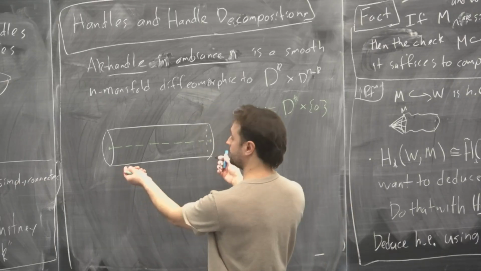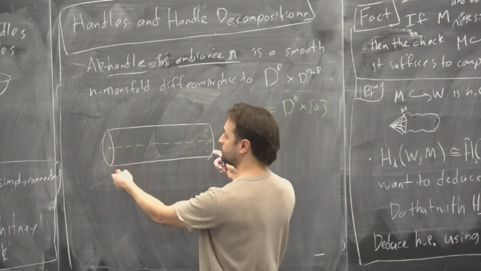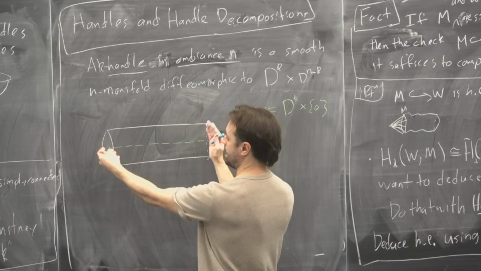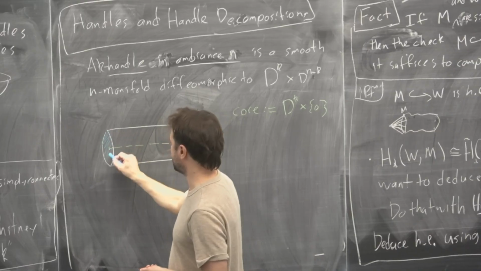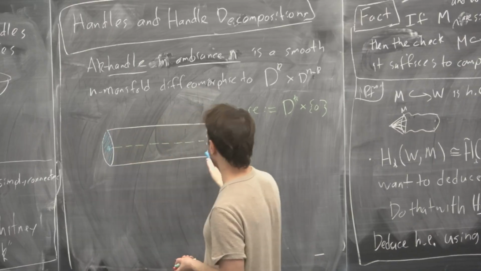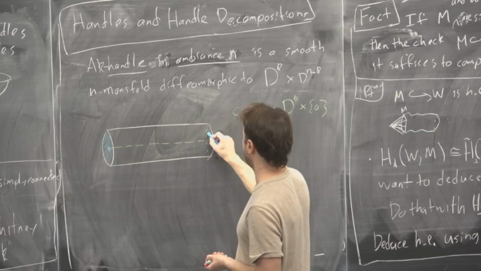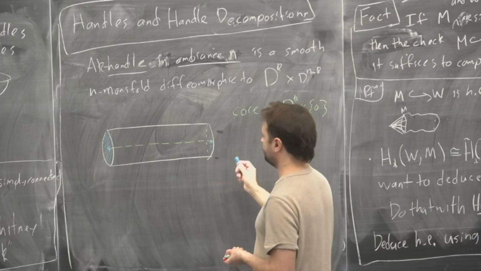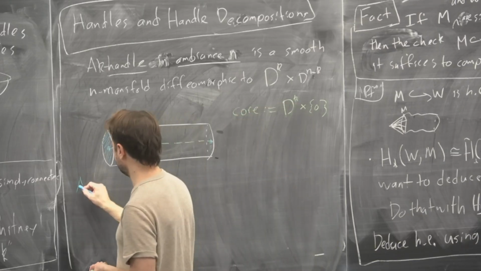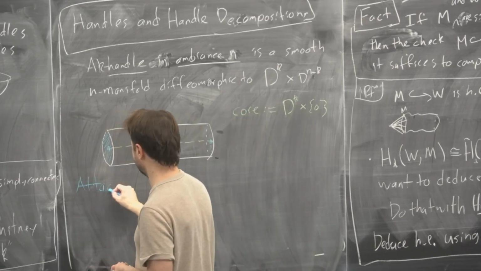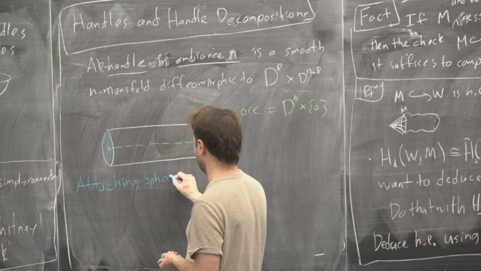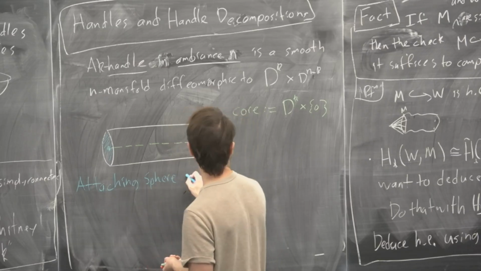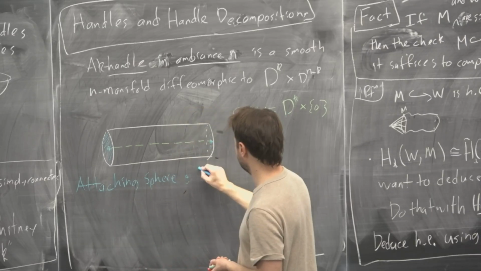And so then we want to attach this thing to another manifold by gluing the two ends on. I'm going to indicate this attaching region as the center of this area. This is called the attaching sphere, and it is going to be the boundary of our core.